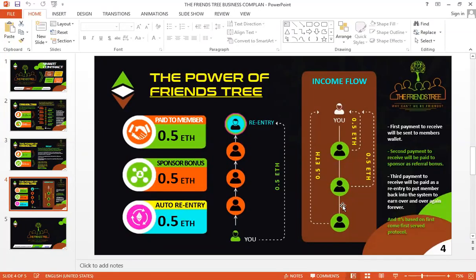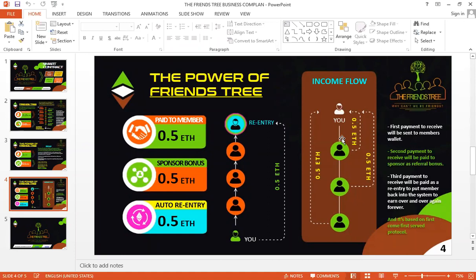So all your earnings that are coming in are coded on this protocol, and the distributions are made. So you receive 50%, another 50% goes to your sponsor, and the last 50% is actually used to bring you back to the program as a re-entry.